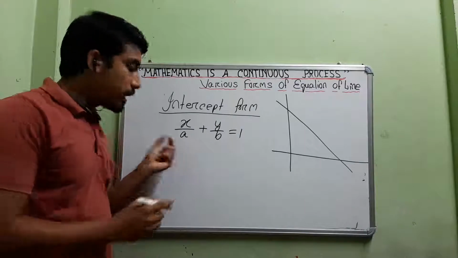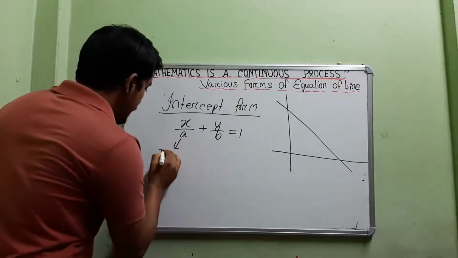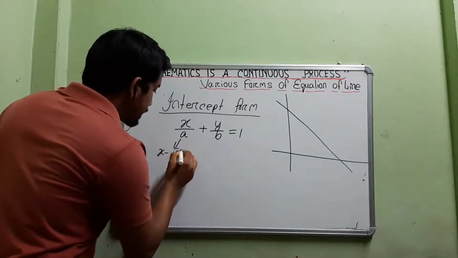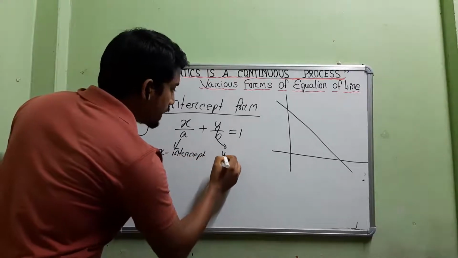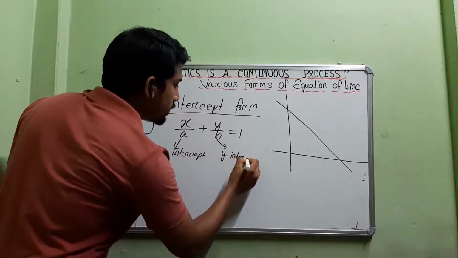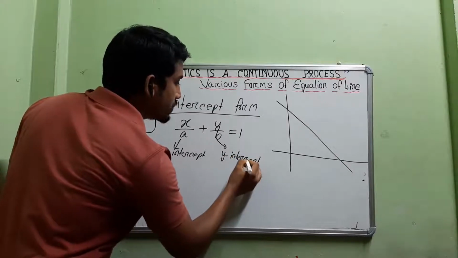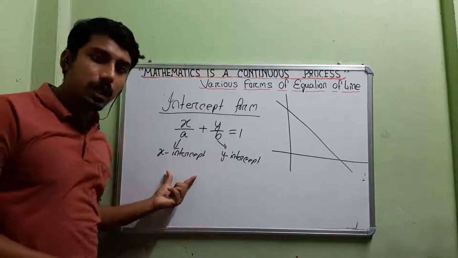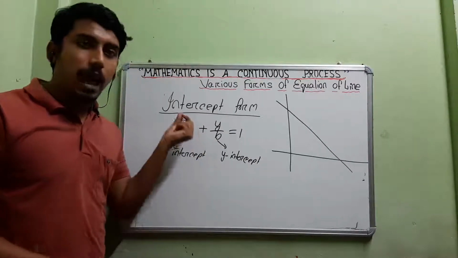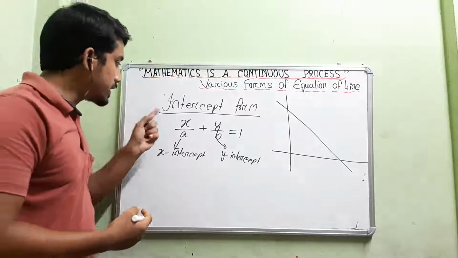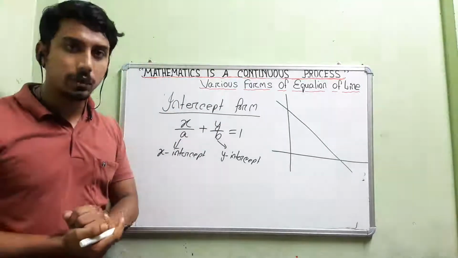A is called the x-intercept, and b is called the y-intercept. If you know these two values for any straight line, the x-intercept and the y-intercept, then we can easily put the values here and get the equation of the straight line. That is called the intercept form.